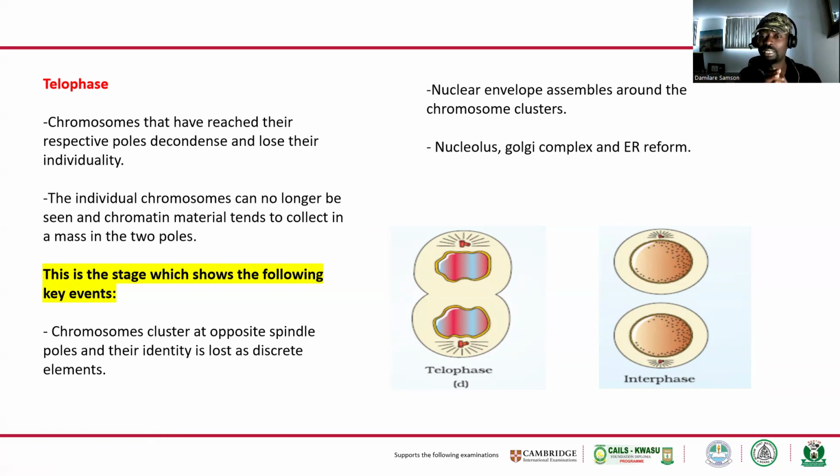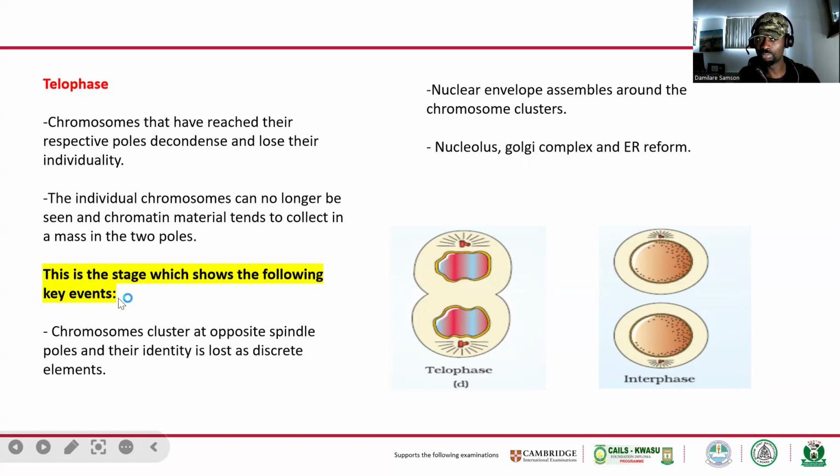Now, since they've gone to the poles, they lose their originality, condense together, and become chromatin material, a form of mass at each end of the pole. This is what I'm talking about here.